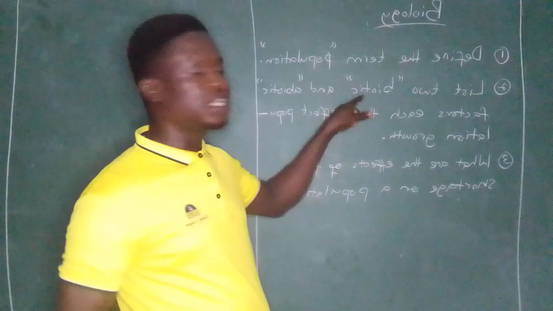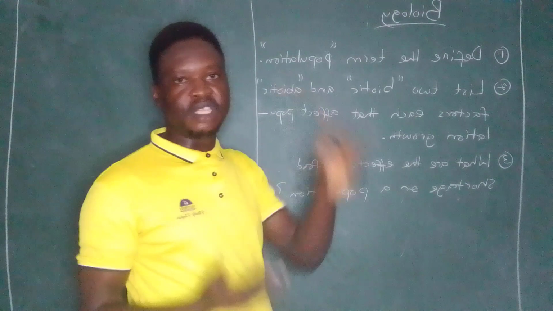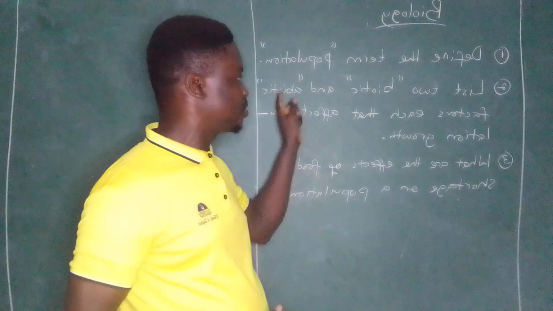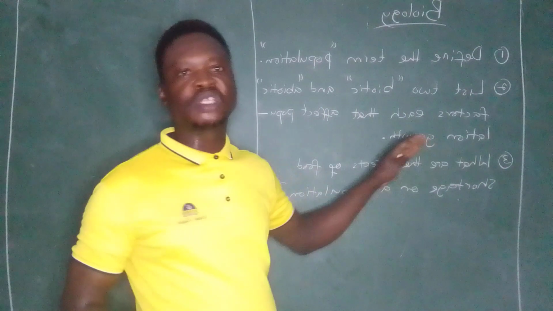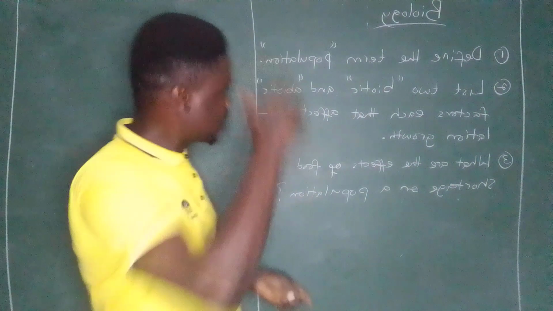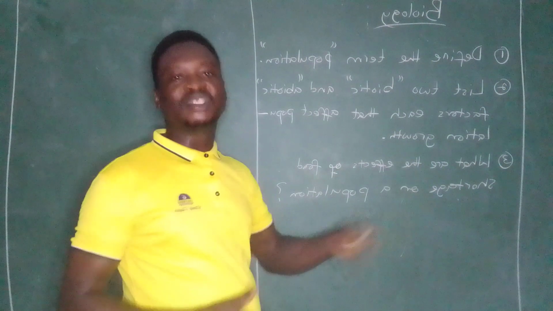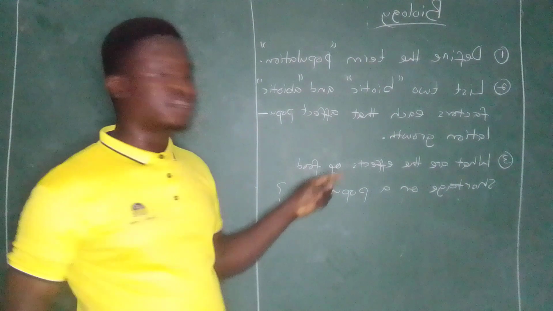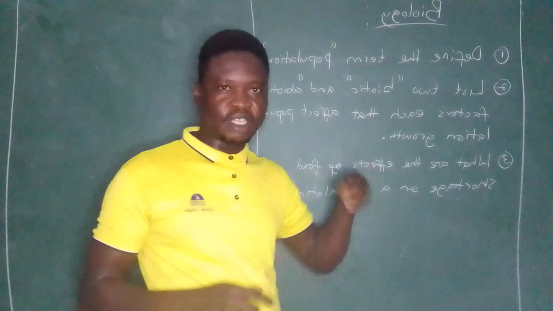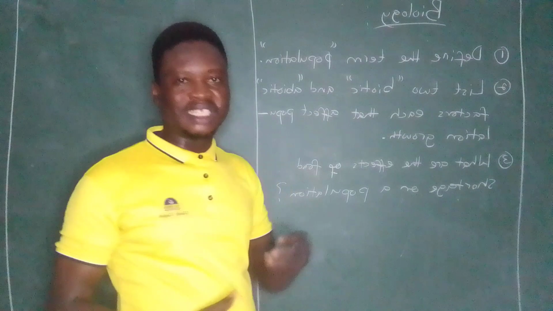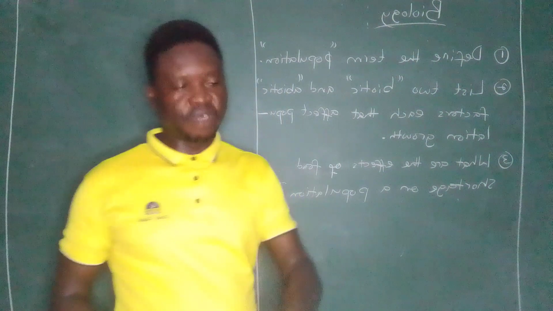That means you list 2 biotic factors, then we list 2 abiotic factors that affect population growth. The last question is asking us, what are the effects food shortage will have on a population?